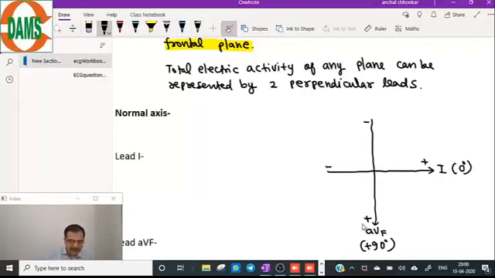Where is lead 1 placed on the body? The negative electrode is on the right upper limb and the positive electrode on the left upper limb. This we have done in the second class of ECG.